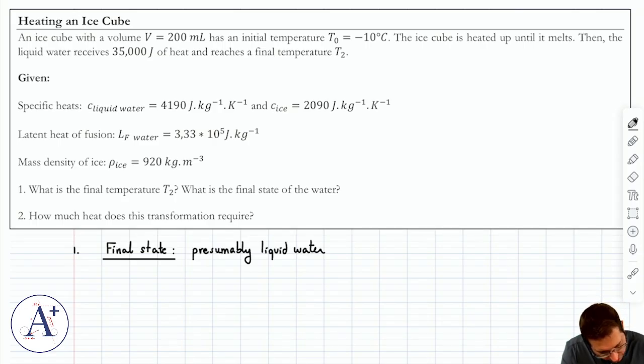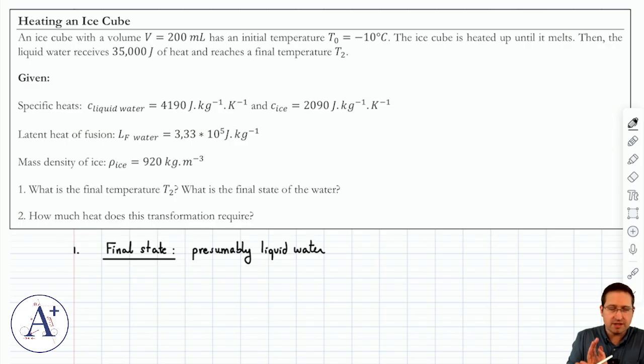I have an ice cube with 200 milliliters, basically, of water, which means that I have to be able to figure out how much mass of water I have, because that's what I need to do the calc. To find the final temperature T2, I don't actually have to worry about warming up the ice to 0 and then melting it.